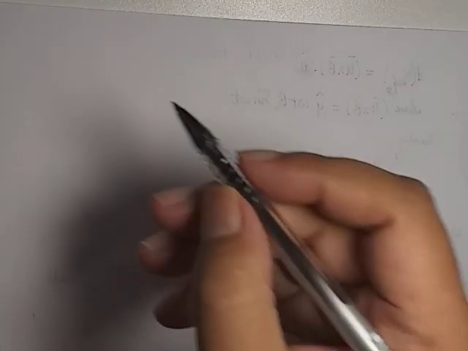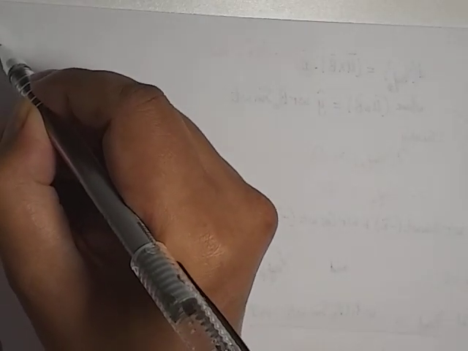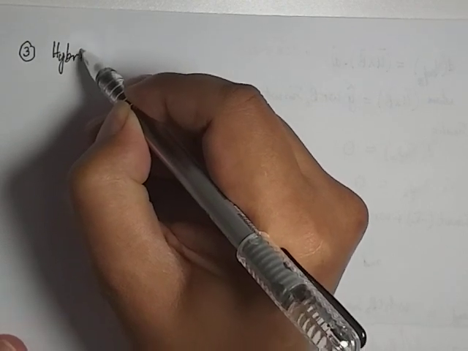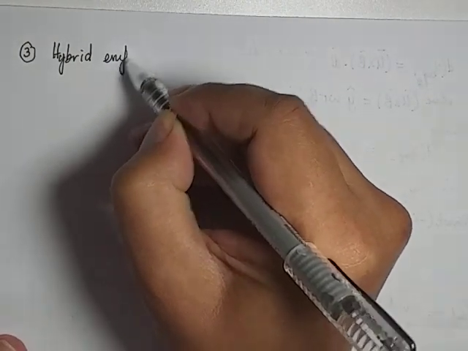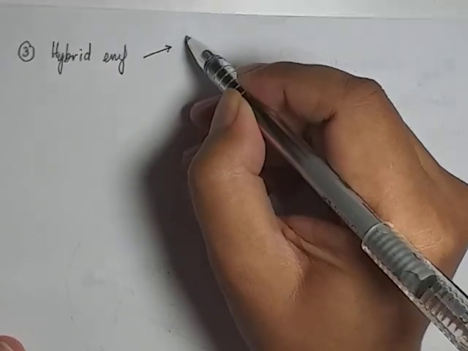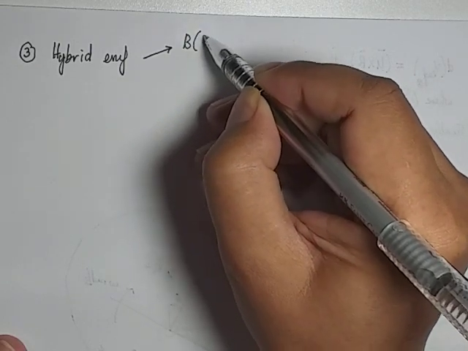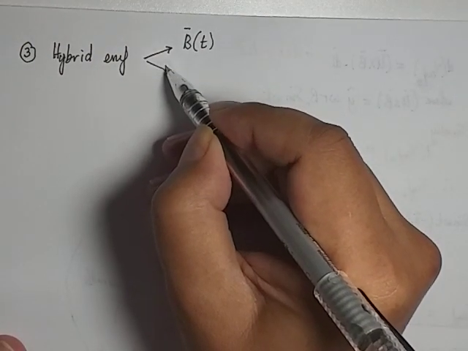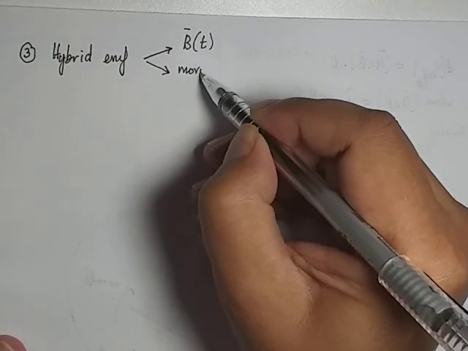So what I'm going to do now is continue with our last type of EMF. The third model of our EMF, I just named the model hybrid EMF. In this particular case, the magnetic field density is changing with time, and similarly, you're going to have a moving circuit.